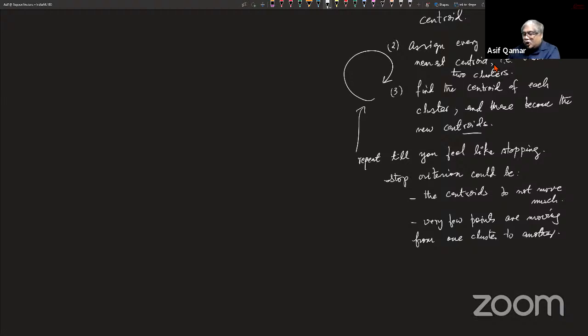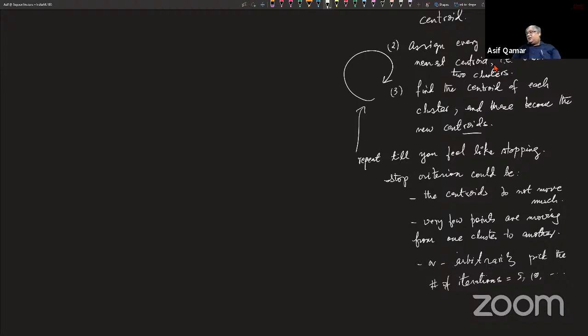Right. Or you could just arbitrarily pick the number of iterations, if you're pretty sure how long it will take. Iterations is equal to, whatever, 5, 10, whatever suits you.